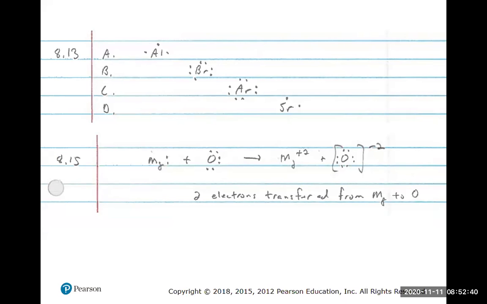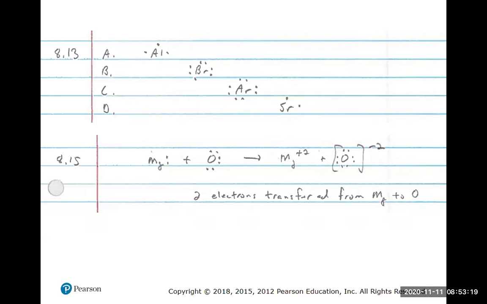Let's take a look at 815. In 815, it wants us to diagram the reaction between magnesium and oxygen atoms to give the ionic substance magnesium oxide, and then it asks how many electrons are transferred. Once again, just as in the last question, we would write the symbol for the element, then look on the periodic table to see how many valence electrons are around that atom.